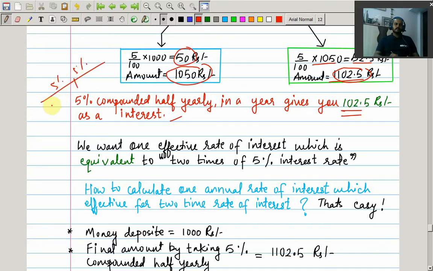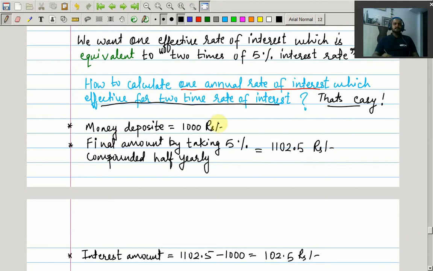Just give me one rate of interest which is equivalent to these two, and I'm going to get the same interest money, this much. I want one. How to calculate one annual rate of interest which is effective for 2 times rate of interest? That's easy. Let's look at the calculations, how it is easy.